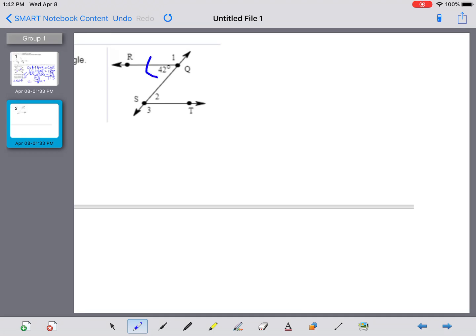Well, 42 degrees and angle 2 are known as alternate interior angles, and they are congruent, or the measurements equal. So the measure of angle 2 is equal to also 42 degrees.